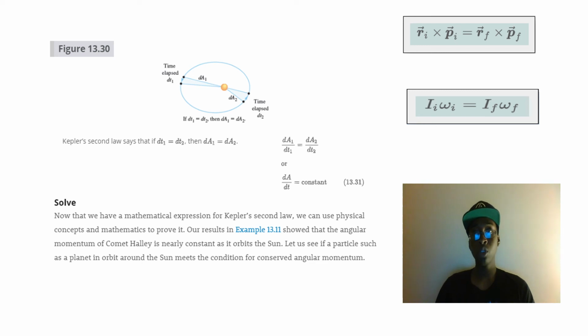The other formulas we use for this are r initial times p initial equals r final times p final, or we can write it as I initial times omega initial equals I final times omega final.